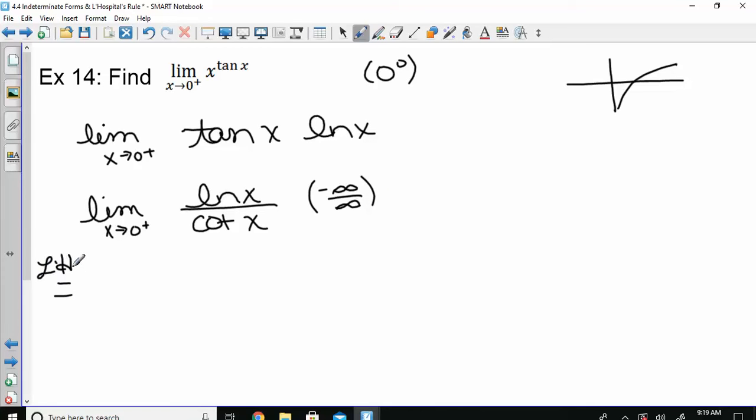So we can do L'Hopital's. Okay. So the derivative of natural log, 1 over x, over, what is the derivative of cotangent? Good.